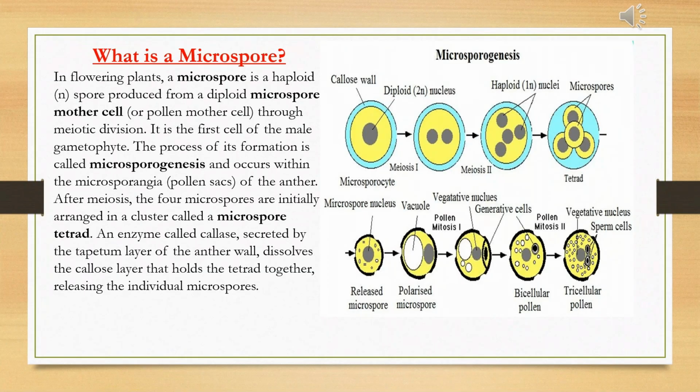After meiosis, the four microspores are initially arranged in a cluster called a microspore tetrad. An enzyme called cellulase, secreted by the tapetum layer of the anther wall, dissolves the cellulose layer that holds the tetrad together, releasing the individual microspores.